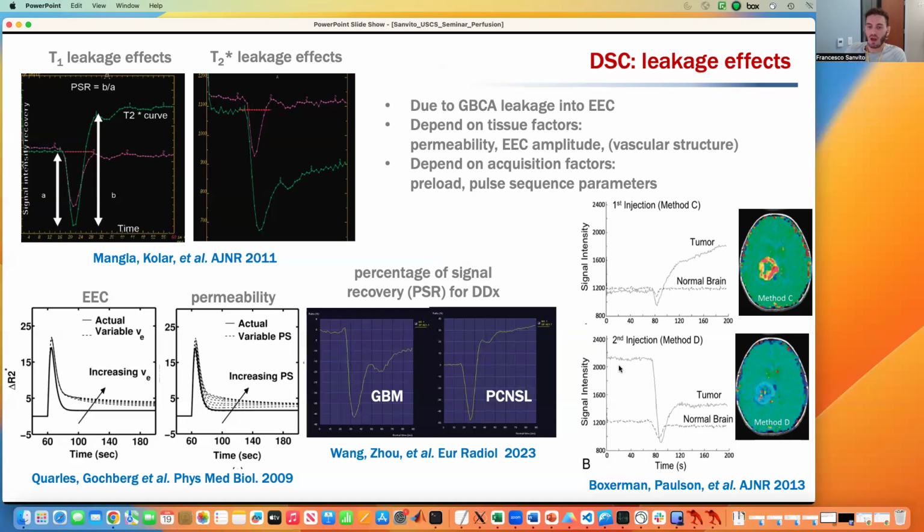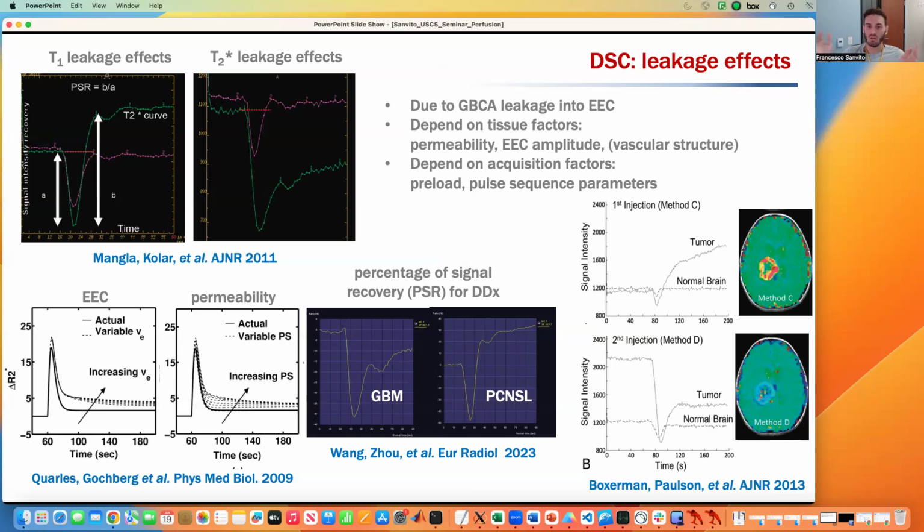After preload, with the second injection, the PSR is much lower than 100%. See, it's red here and it's blue here, and it's the same tumor. So acquisition factors highly impact the shape of the curve and the leakage effects, or post-bolus effects. You should remember this because we often say in clinical practice that we can look at the curve and get some sense of what type of tumor it is. It's true to some extent.